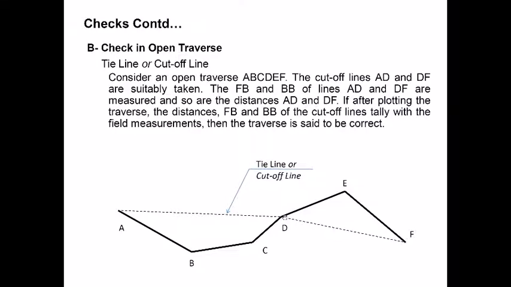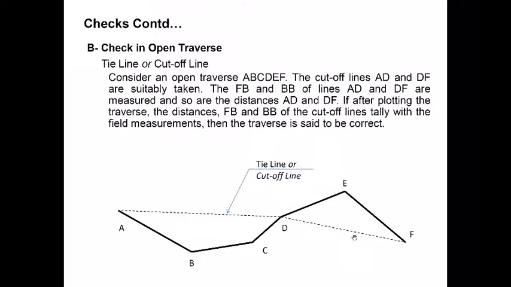Now, once you have the whole measurements on paper, and then you plot them or lay them out in the field, since you have the measurements on paper, you have the bearing of the line AD and the distance of the line AD. Then you can go in the field and actually measure this distance AD and DF, and also measure the bearings of the two lines.